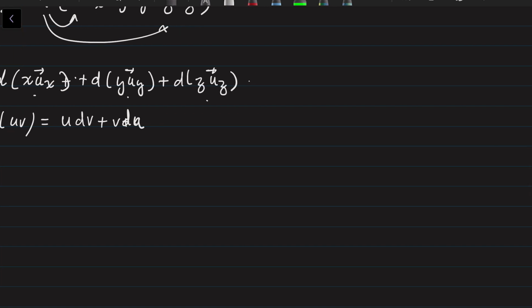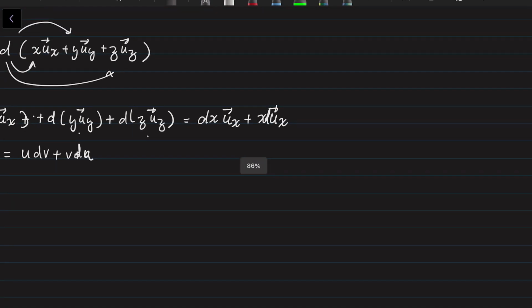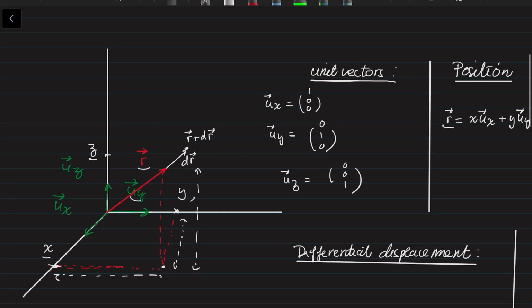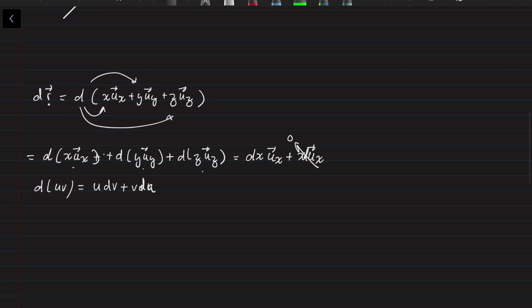That's going to give me dx ux + x dux. And if we look above, the way we've defined the unit vectors is as constants. So ux, uy, and uz don't depend on anything, so their differentials vanish. So this becomes 0, and the same thing happens for duy and duz.